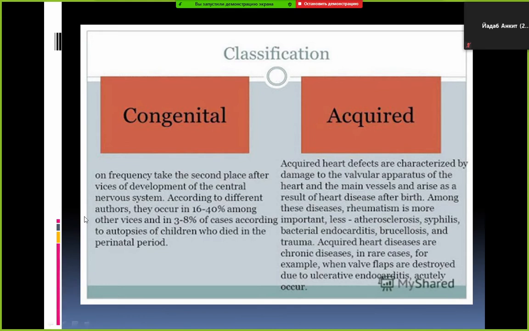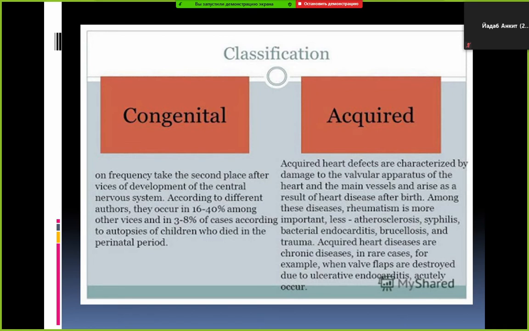These defects are characterized by damage of the valvular apparatus of the heart and the main vessels and arise as a result of heart disease after birth. Among these diseases, acute rheumatic fever is the most important, less often atherosclerosis, syphilis, bacterial endocarditis, brucellosis, and trauma.